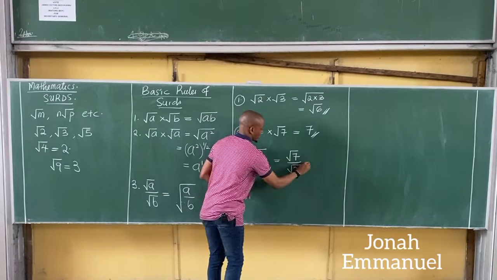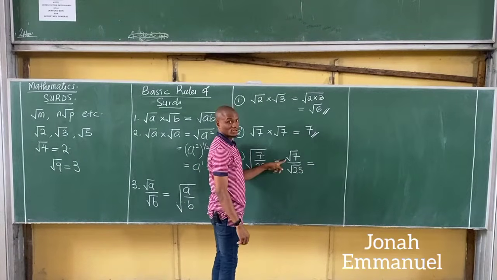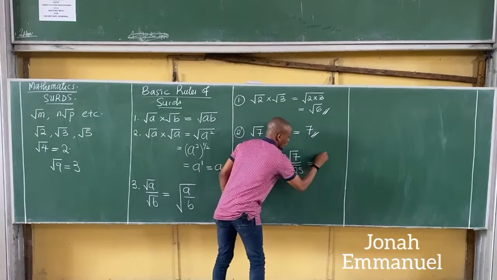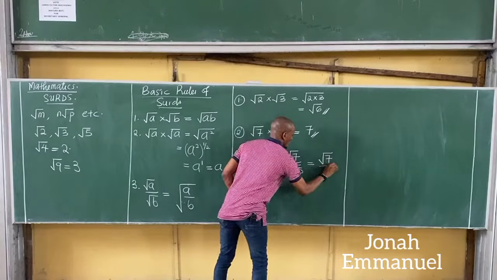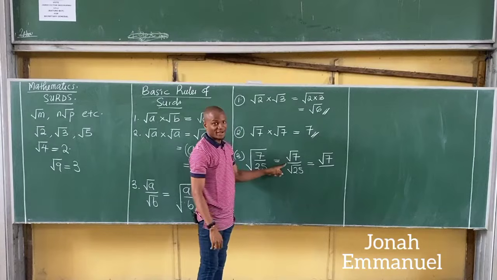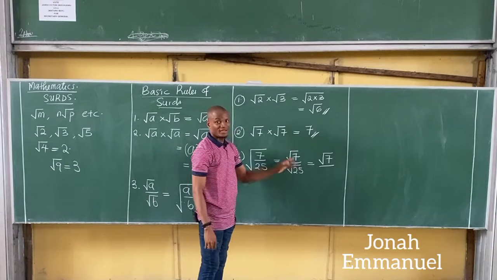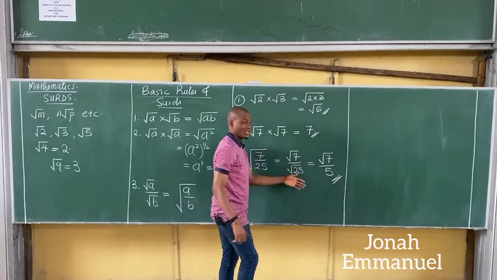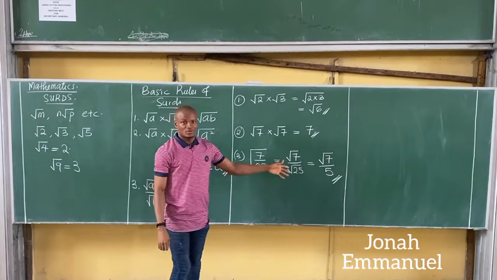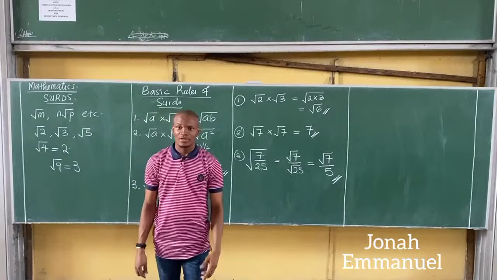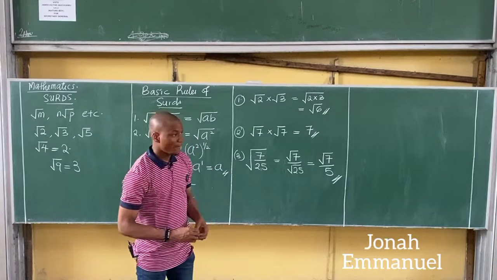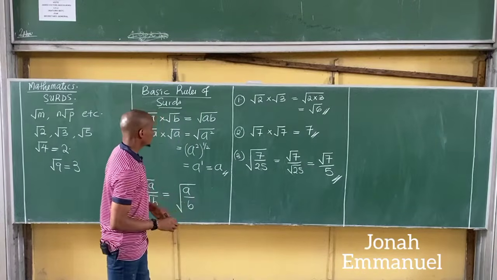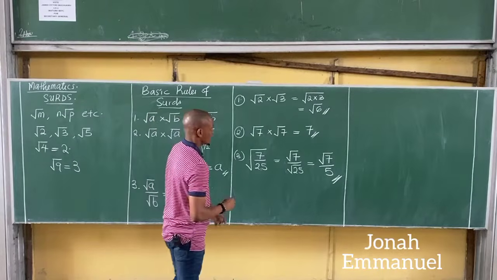Obviously, root 7 is a surd because it's not a whole number, so it stays root 7. Root 25 is not a surd, it can be simplified to 5. So this gives you root 7 over 5. That's the basic rules guiding surds.